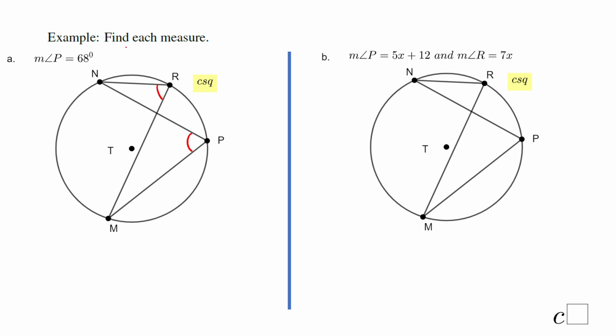So here I should say find the measure of angle R. The measure of angle R is the same as the measure of angle P, because these two angles are inscribed angles and they have the same intercept arc. So the measure of angle R will be 68 degrees.